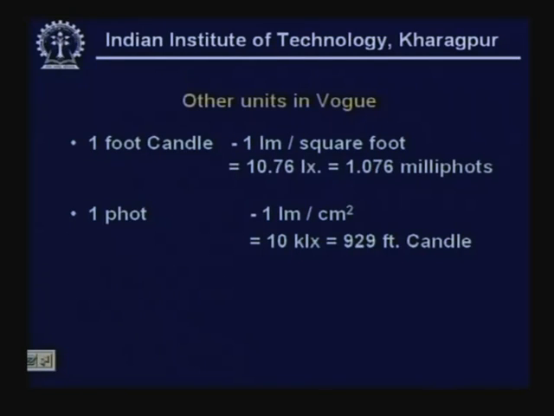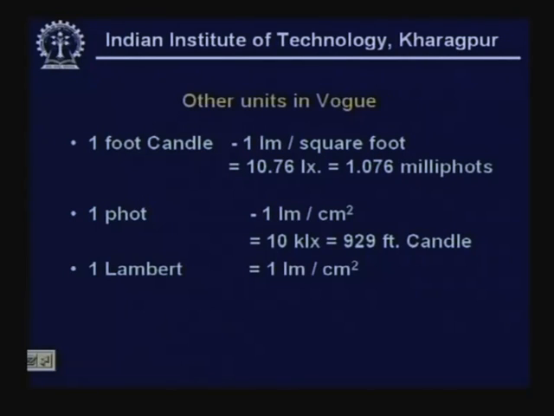Let us look at it this way. We are looking at the effect of a light over a certain unit area, and 1 meter squared is a very large area. If you look at the point effect variation, sometimes if the variation is large over a certain region, it may be necessary for us to look over smaller areas. That is where phot becomes useful. It is 1 lumen per cm squared, which is nothing but 10 kilo lux.